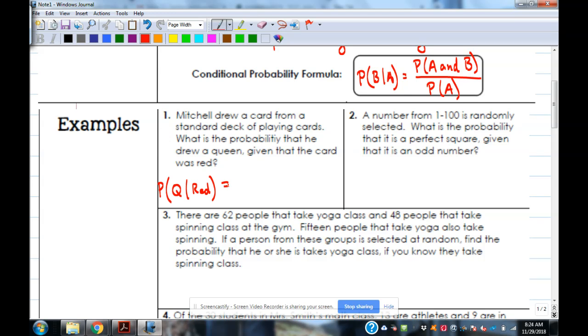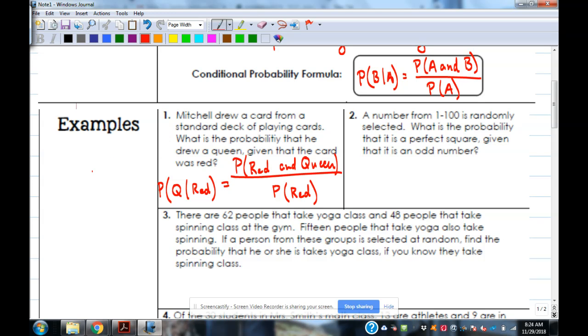The way we're going to do that is the probability of red and a queen divided by the probability of red.